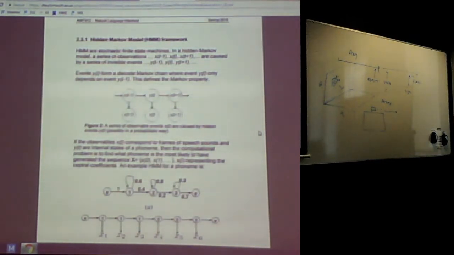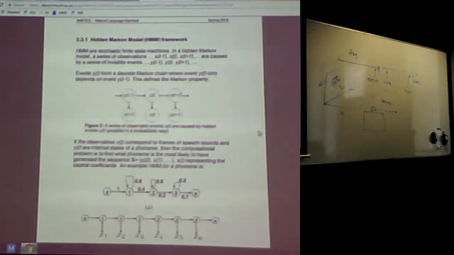The idea behind hidden Markov models is you have a hidden process, which is, I want to say the word water, and there's a visible process, which is the sounds that come out of my mouth.